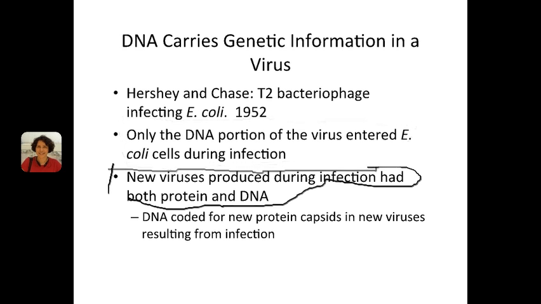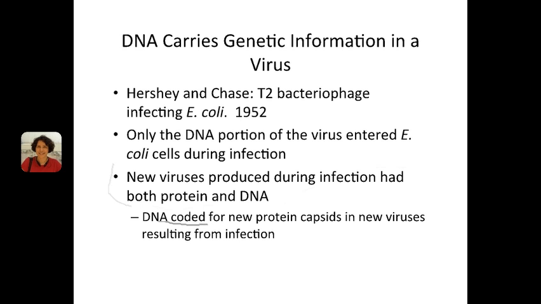From that you can conclude that the DNA must be coding for the new protein capsids in the progeny viruses, because no protein ever went into the cells, yet protein plus DNA was coming out of the cells, so the DNA must have contained the information to code for the new proteins.